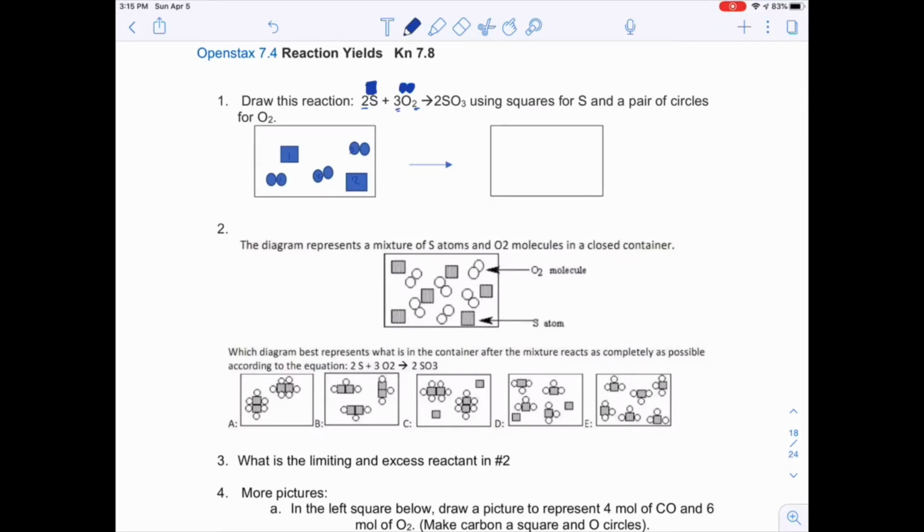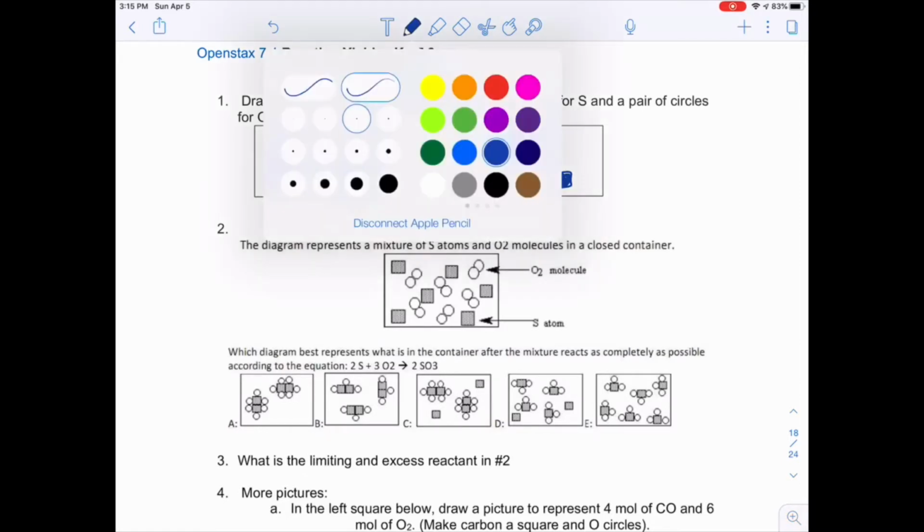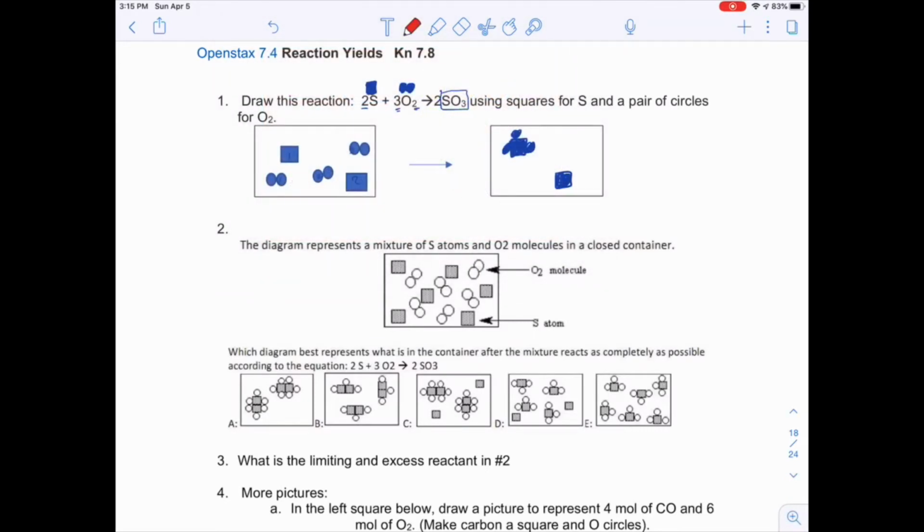Now, how many of these do you end up with? So you'll notice you have your squares, that's your S's, and the O's are attached to it. So it has an O, O, and O. So I've used up an O, and one of these O's, and one of my S's.